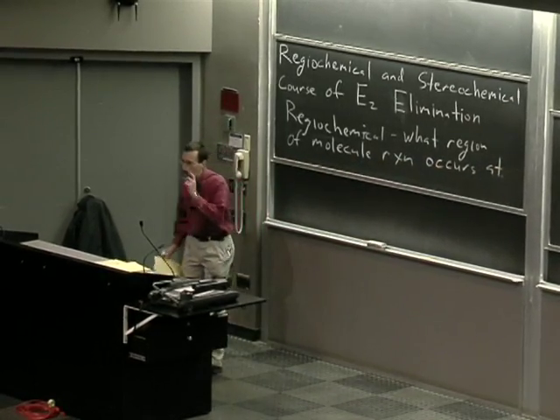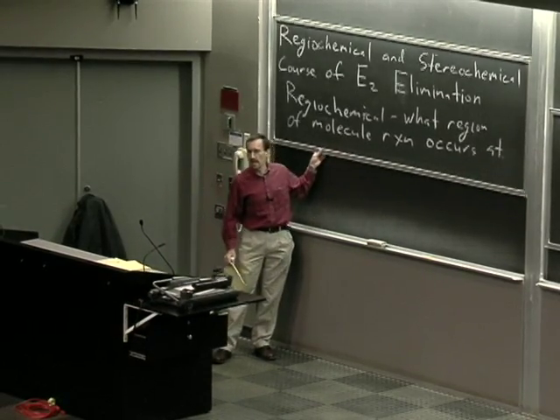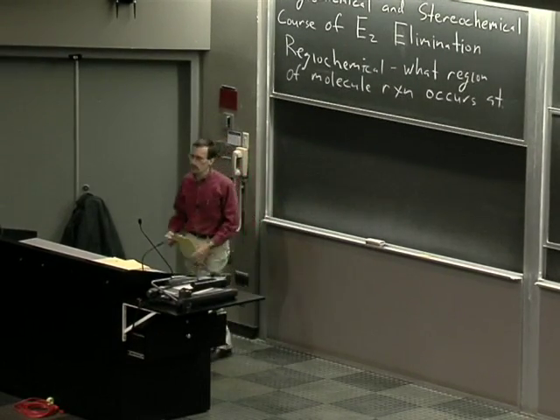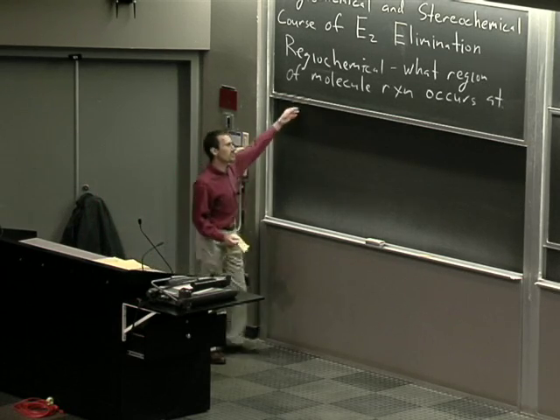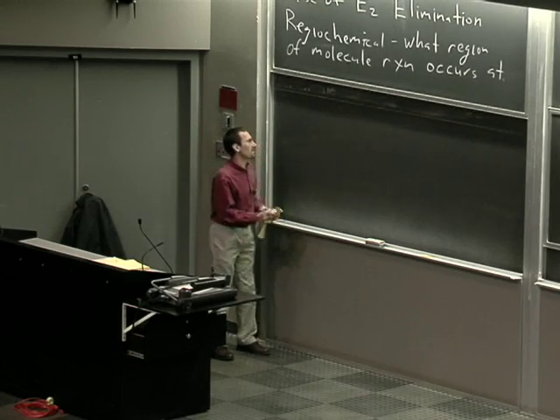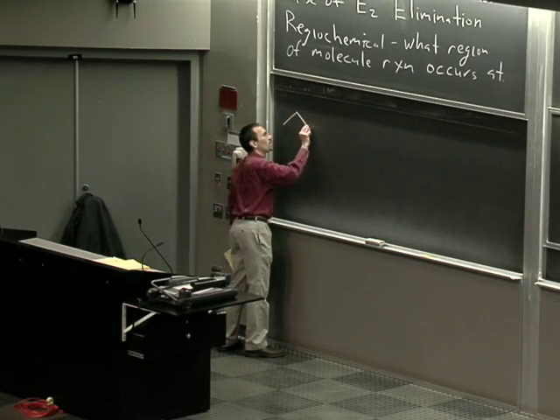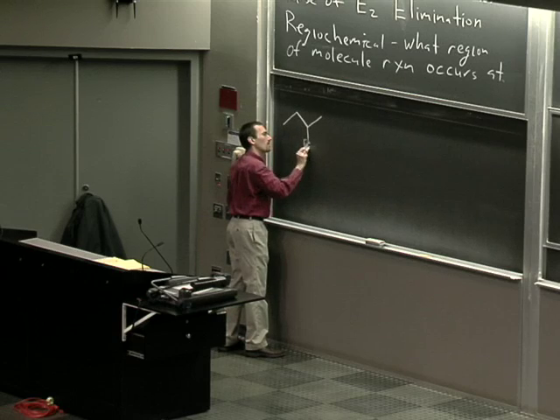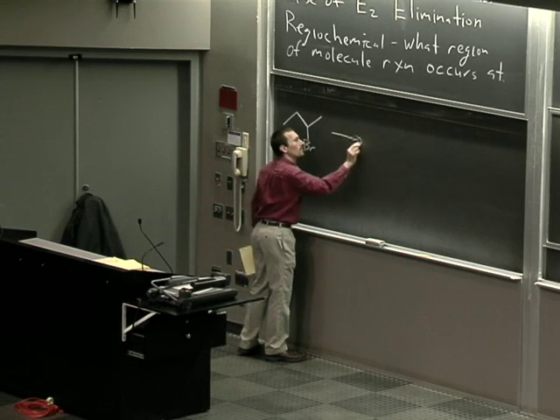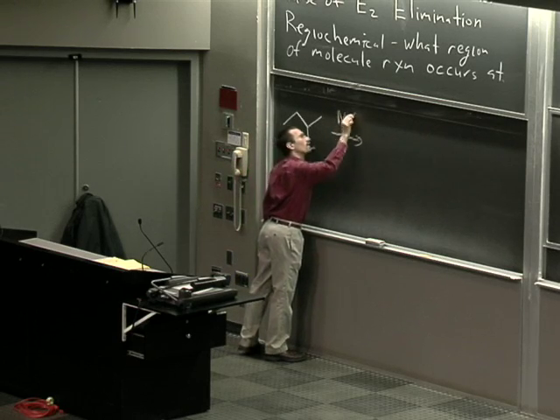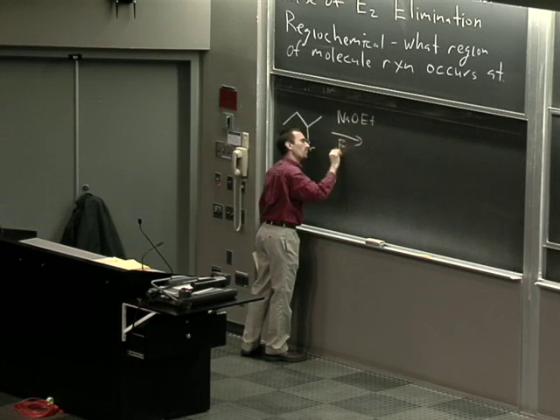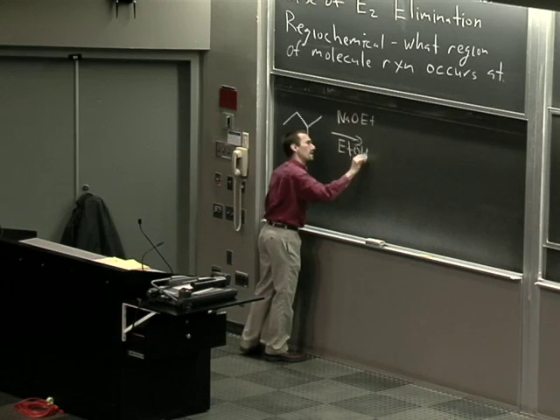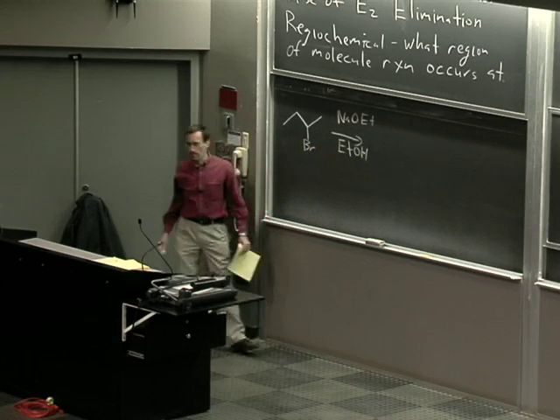Let's take a simple example of this. And the example I'll take is just the elimination reaction of 2-bromobutane with sodium ethoxide in ethanol. Remember, we often write reagents over arrows and solvents under arrows.